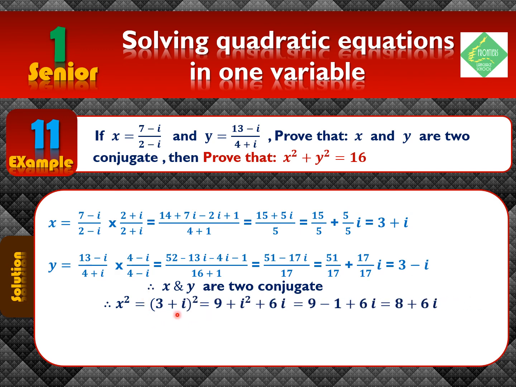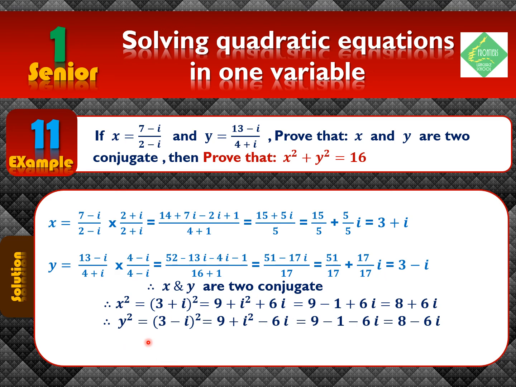x squared equals 3 plus i squared, which equals 9 plus, first squared is 9, second squared is i squared, and first times second times 2 gives 6i. Here I find 9, i squared is negative 1, and 6i, so 9 minus 1 plus 6i equals 8 plus 6i.